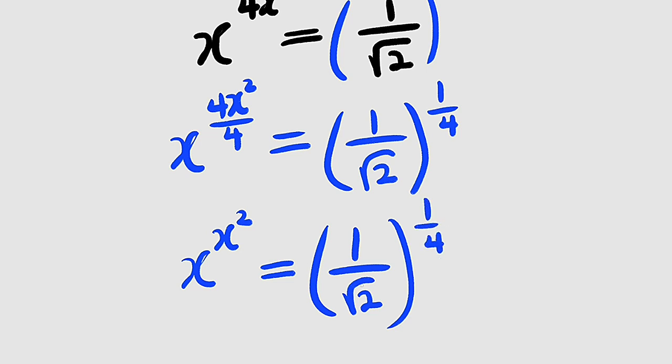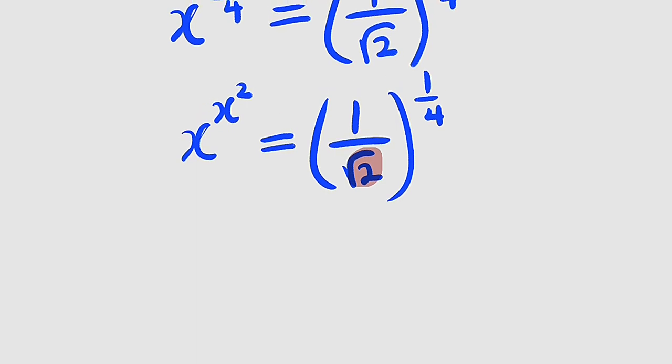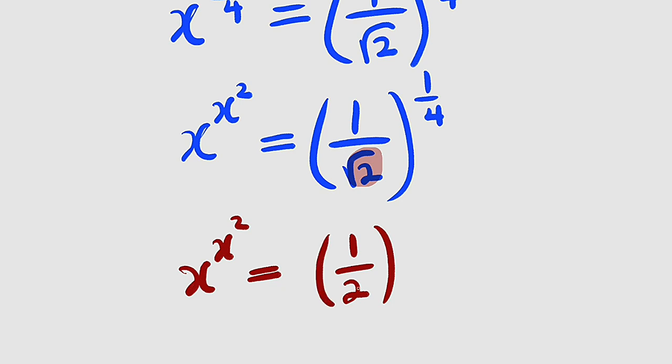But one thing you should remember is that square root of 2 is the same thing as 2 to the power of 1 over 2. So let me keep the left hand side as it is: x to the power of x squared. This is equal to 1 divided by 2 raised to the power of 1 over 2, because 1 to the power of 1 over 2 is still 1, but 2 to the power of 1 over 2 is square root of 2.